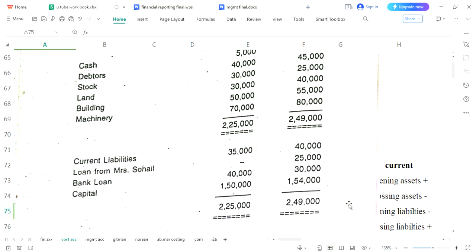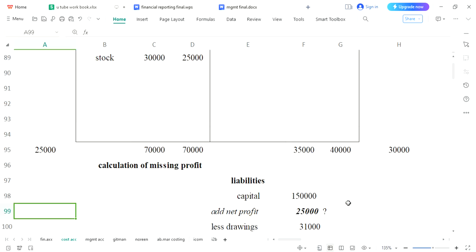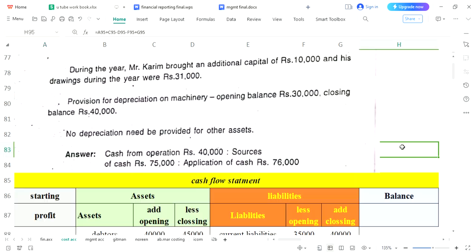Cash from operations we have calculated in this way, and the amount which we have seen right now is 30,000.